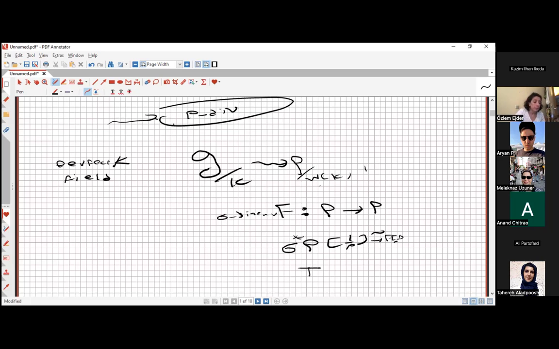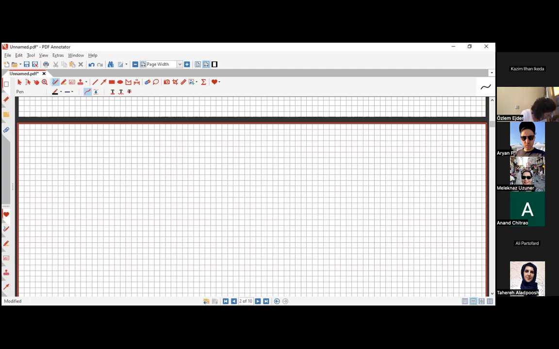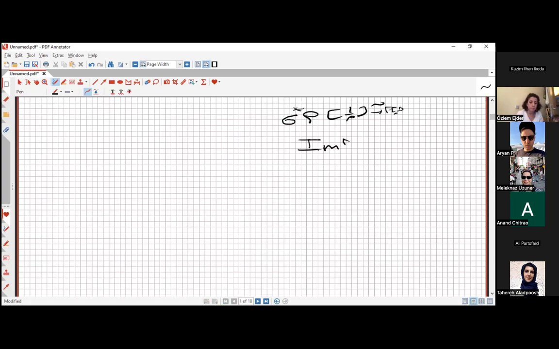And with an additional condition that the image of F should contain pP.